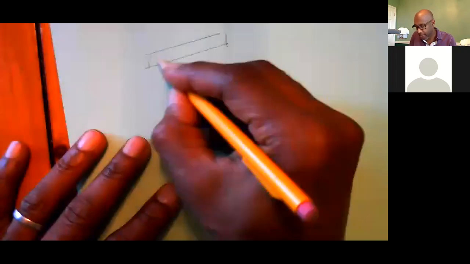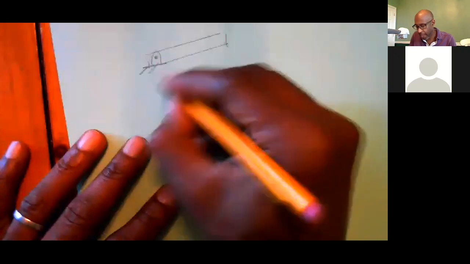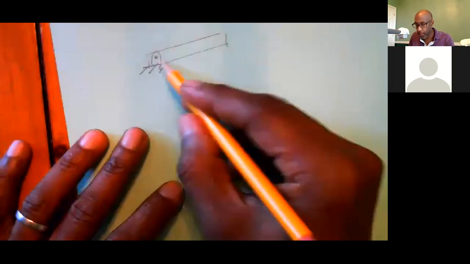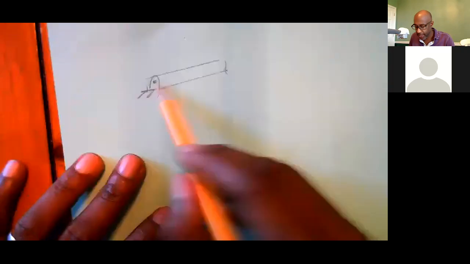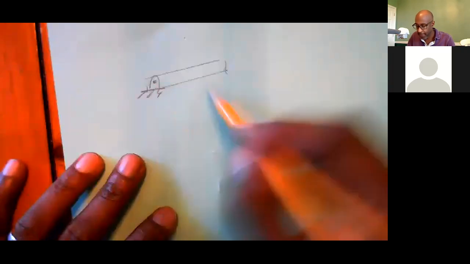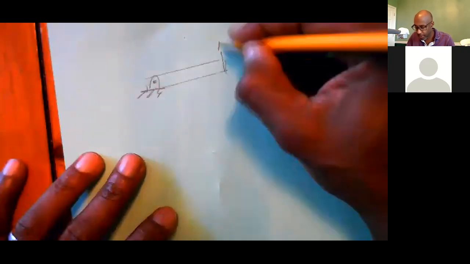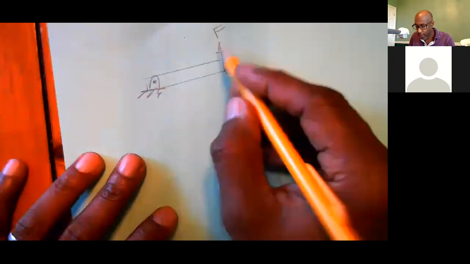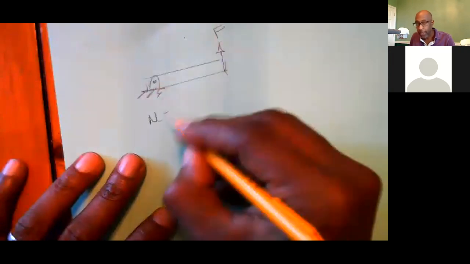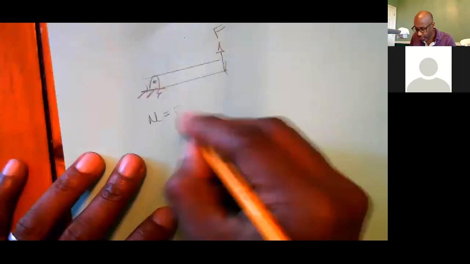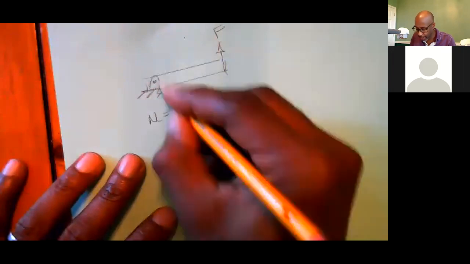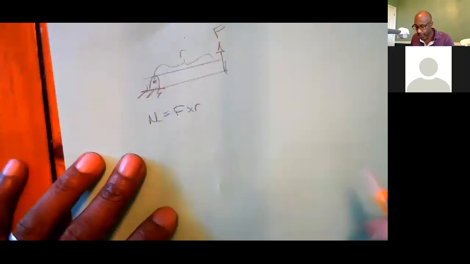When you have an object that is rotating about some point, and you're concerned about what this moment is going to be, there's some force here, and that moment is going to be equal to the force times the length, r.